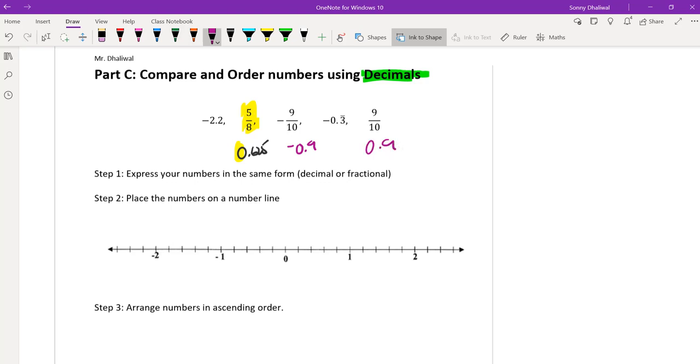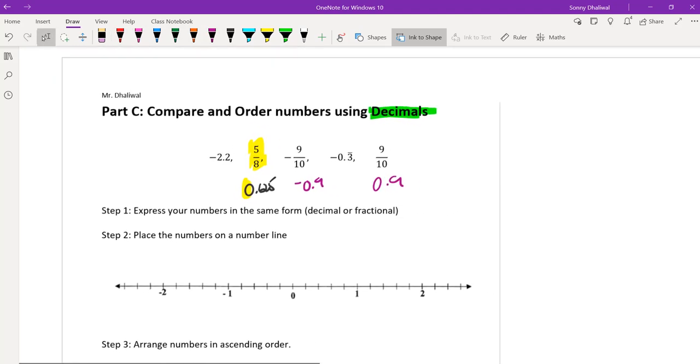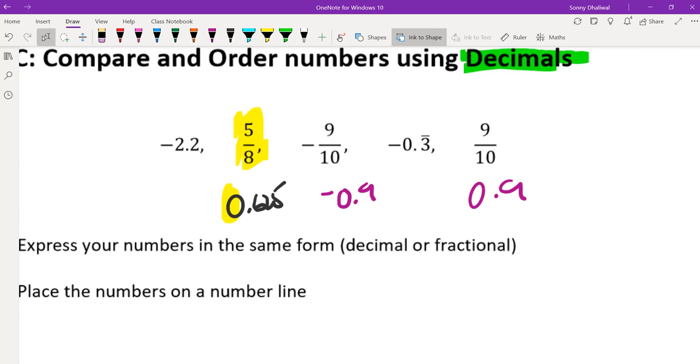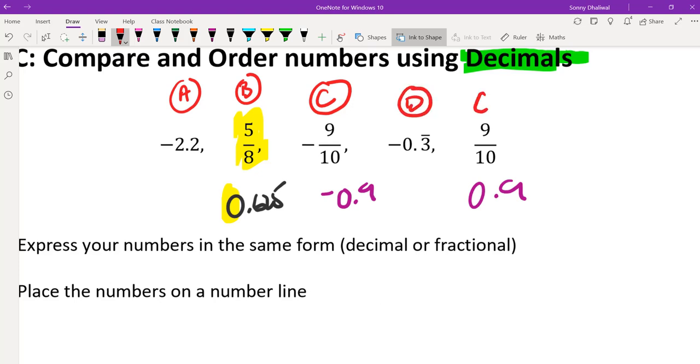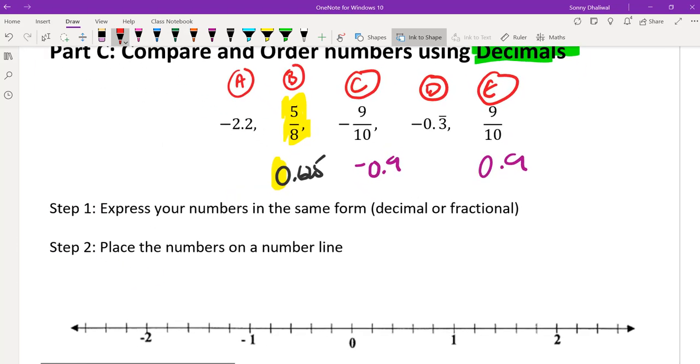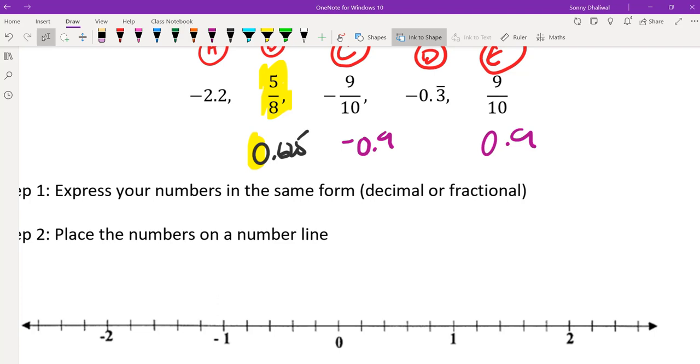Okay? Now, to make it not so messy, let's just label these things so we can put it on the number line. Let's call them A, B, C, D, and E. So we can just plot those points on there. Before we can plot these points, we need to know how much each line is worth.